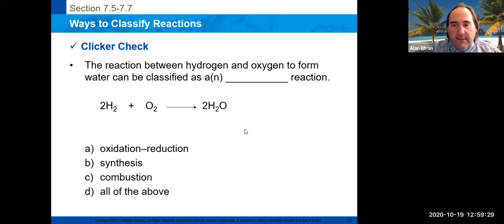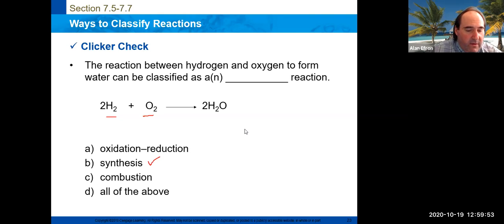All right, so let's take a look at this one. The reaction between hydrogen and oxygen to form water could be classified as... we've got two things that make one thing here, so this could be a synthesis.